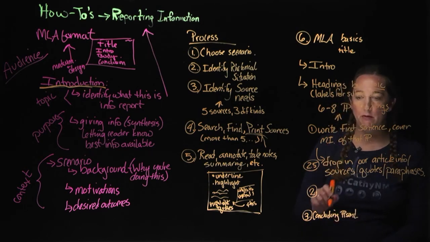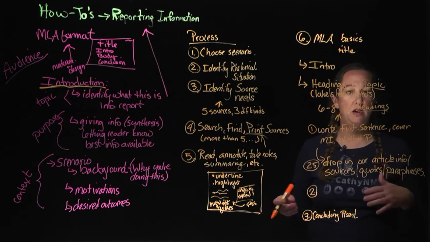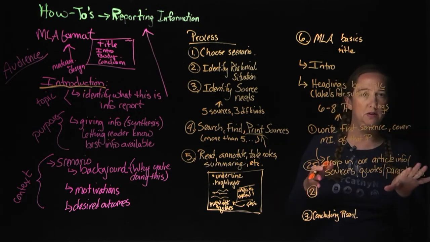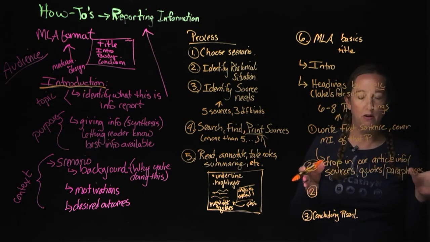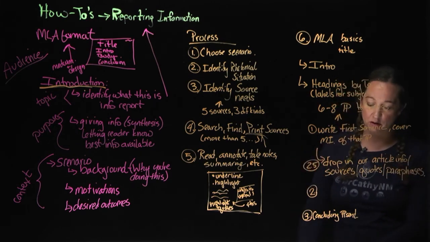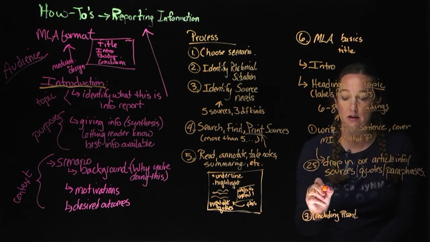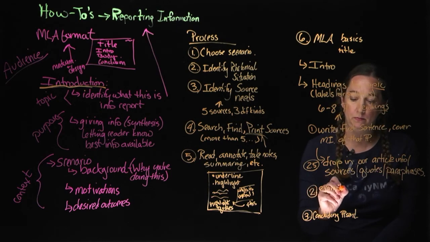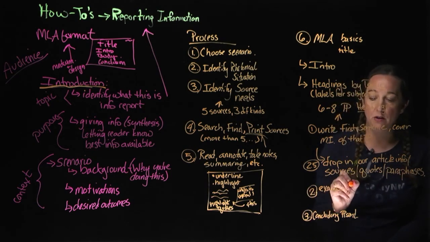So keep building my framework here. We need to not just have a main idea and then a bunch of quotes and random paraphrases. We actually need to put our other stuff in there too. So this is where we're going to have our examples. We're going to have supporting details.